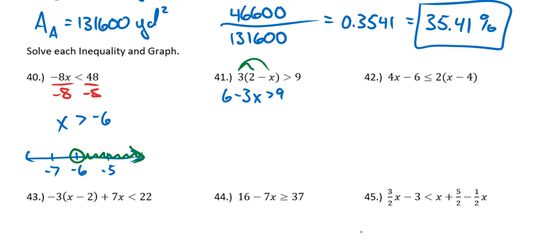And now to finish solving this thing, I'm going to subtract the 6 from each side. And then divide each side. And since, once again, I divided by a negative here, I have to flip the inequality sign.